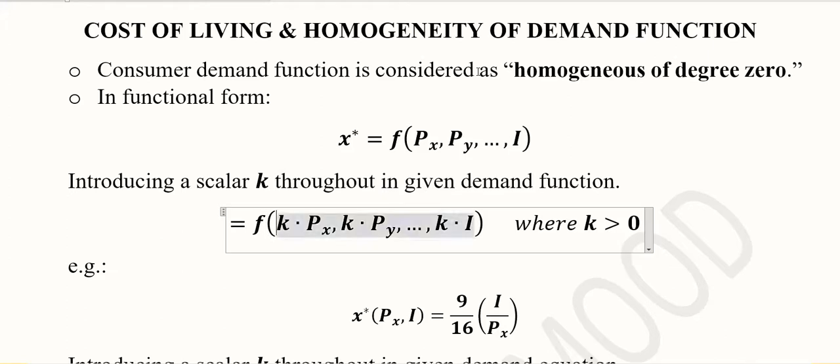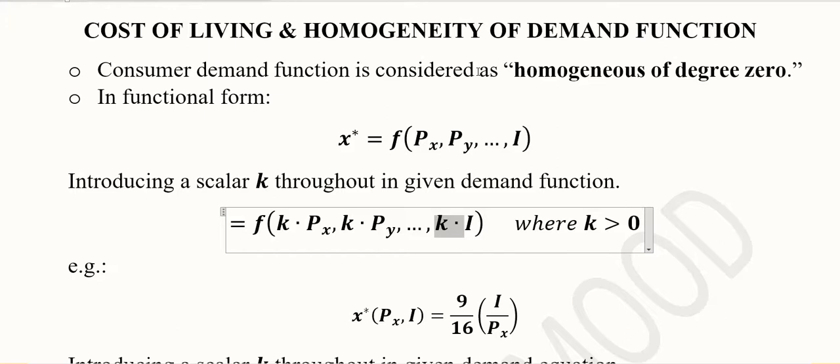As you can see, the scalar has been introduced wherever there was a variable, that is Px or Py or I, that is income. We have introduced this k, that is the scalar.